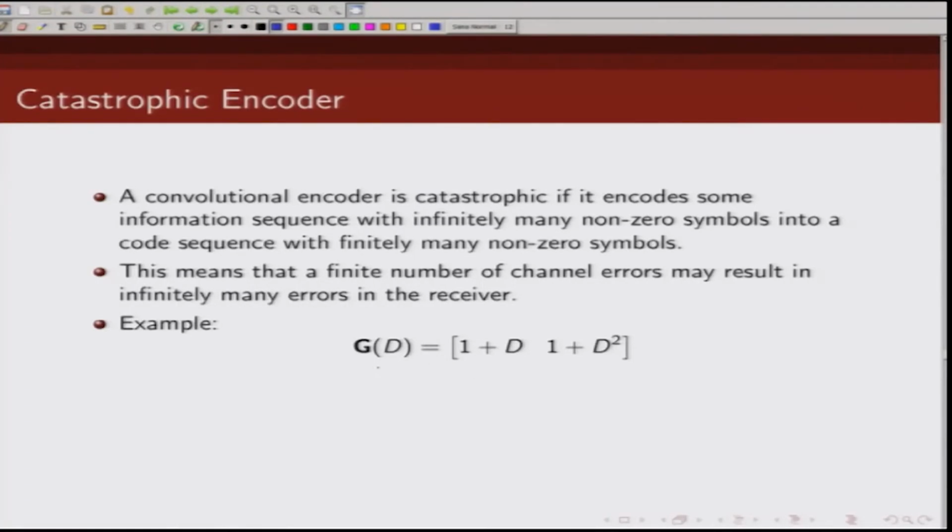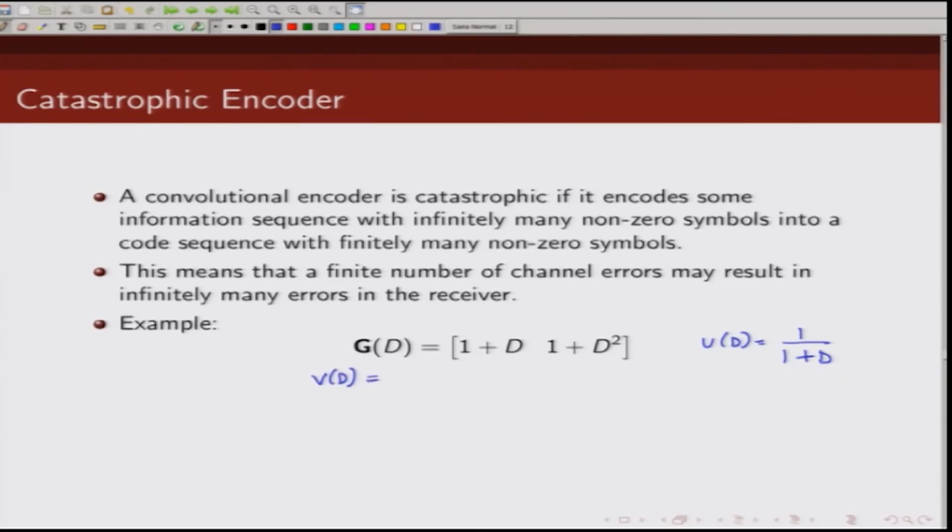Let us take an example of an encoder with generator matrix G of D, which is given by 1 plus D and 1 plus D square, and let us feed an input which is a sequence of all ones, which I can write as 1 by 1 plus D. Now, if this information sequence passes through this encoder, what would be your output sequence?